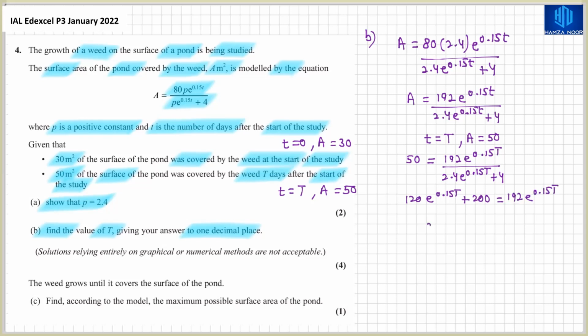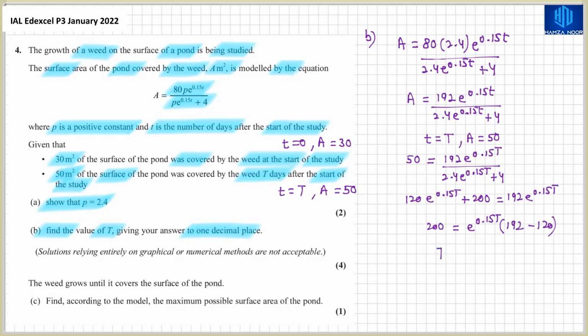Therefore 200 equals, taking e^(0.15T) as common, e^(0.15T) times (192 minus 120). 192 minus 120 is 72.